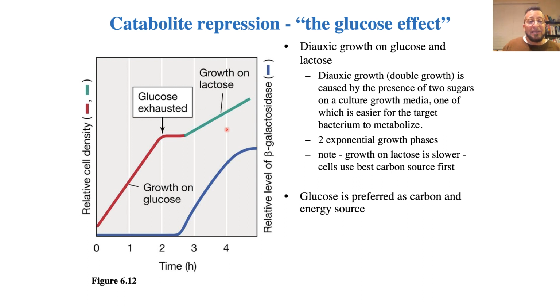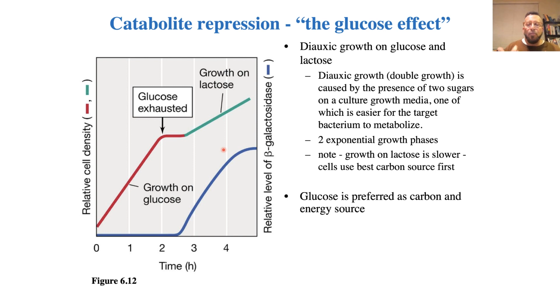The utilization of lactose follows the amount of beta-galactosidase present. So at the beginning of the culture, when glucose is being utilized, there is no beta-galactosidase present in the culture. But after this lag phase, when glucose has been exhausted, the beta-galactosidase levels increase, and that is illustrated also by the growth on lactose.